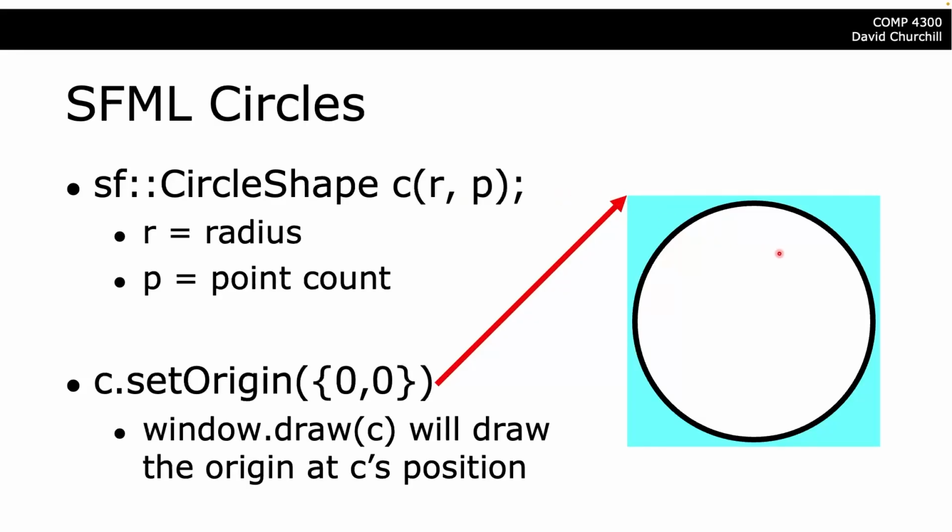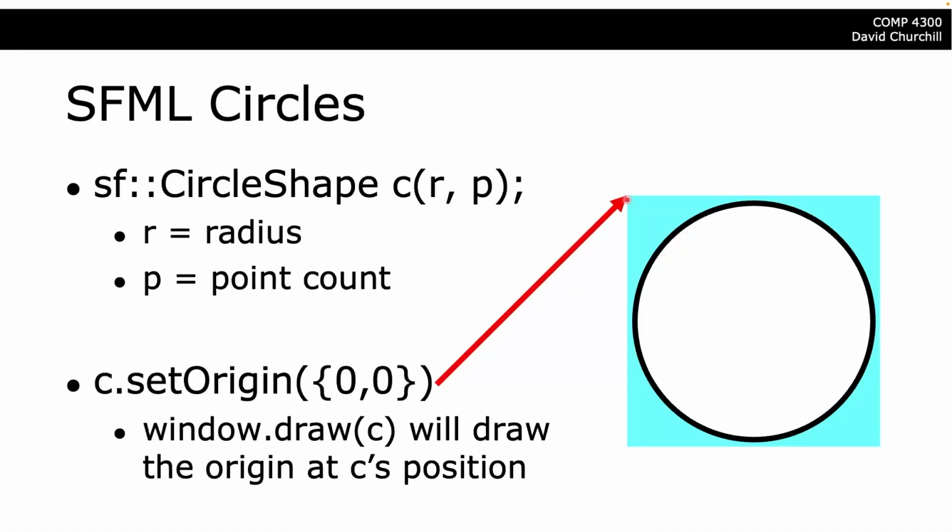So if you drew a circle at position 0, 0 in SFML, then the top left of this imaginary bounding box is where the circle would actually be. You might think that it would draw the middle of the circle in the top left corner, so you'd only be seeing like a quarter of the circle, but no, by default, it's in the top left. So that's what we're going to have to change in this assignment. It'll be done for you, but I want you to know about this.